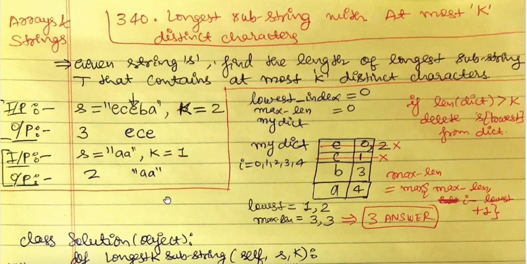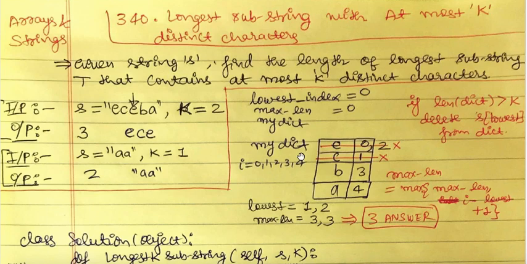Here I'm trying to solve this problem using a hash map, using a dictionary. In any language, and specifically in Python, we have a dictionary, and a dictionary stores key-value pairs. So it has a key and corresponding to that key it has a value. Like you have a dictionary for the English language, where you have a word which is the key and then the meaning of the word which is the value.